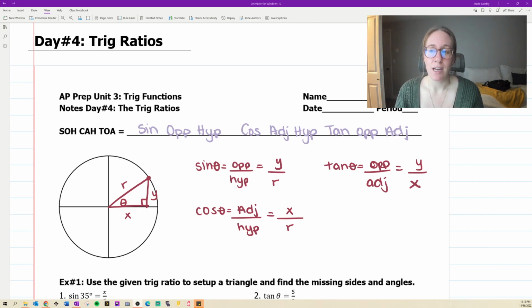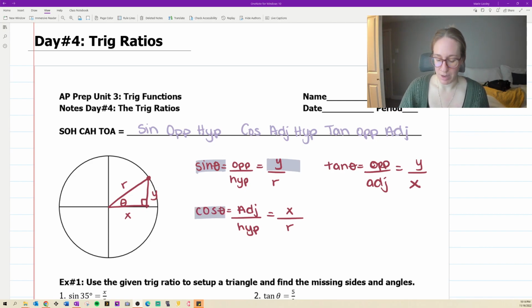So understanding that sine is going to go with our y coordinate, and cosine pretty much goes with our x coordinate. And then tangent is going to be the ratio of y over x.